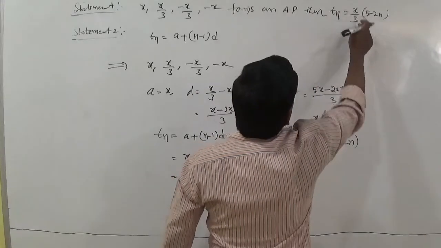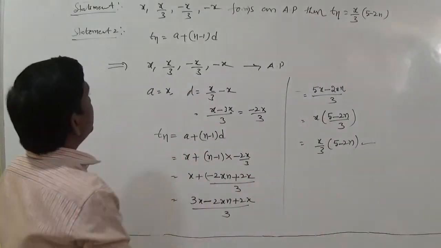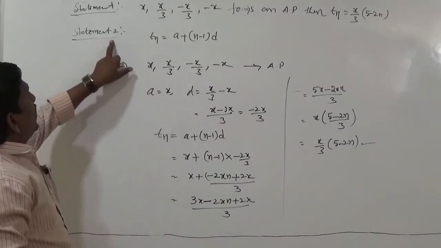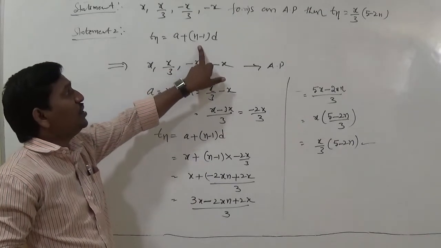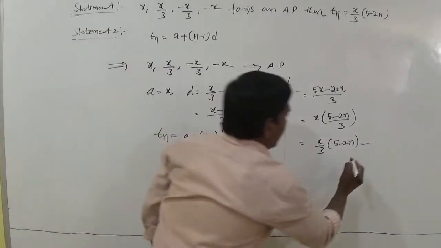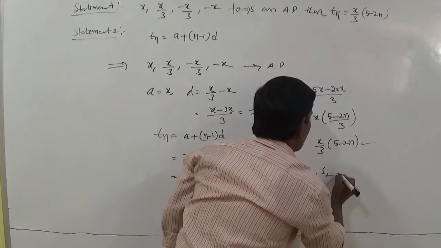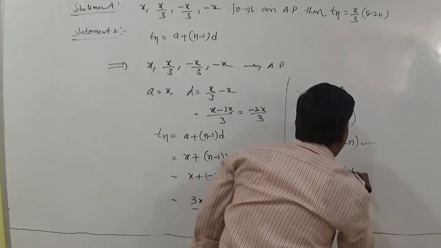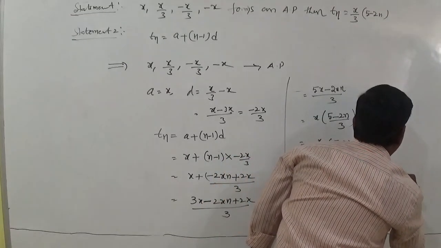Tn equal to x by 3 into 5 minus 2n. So it is related to statement 2, Tn equal to a plus n minus 1 into d. So statement 1 and statement 2 both are correct.